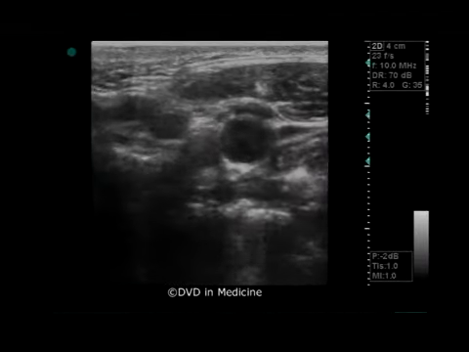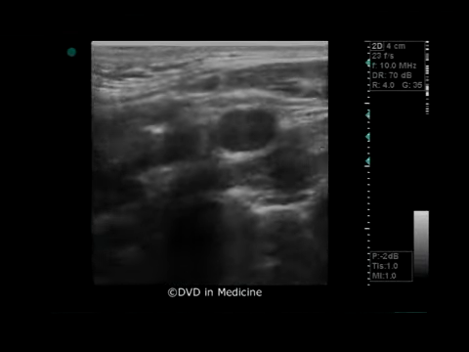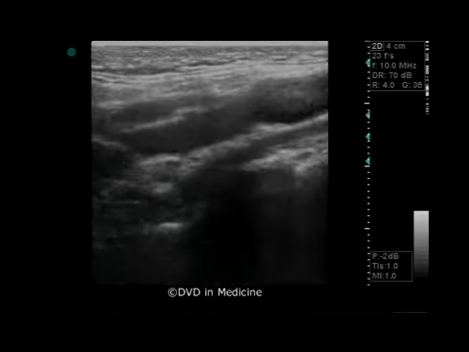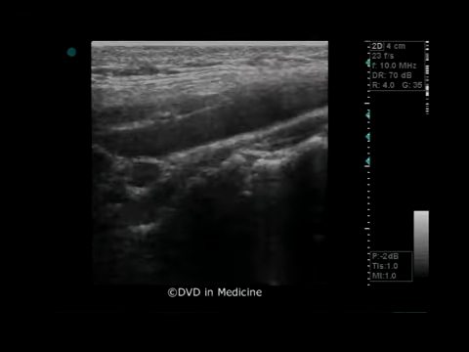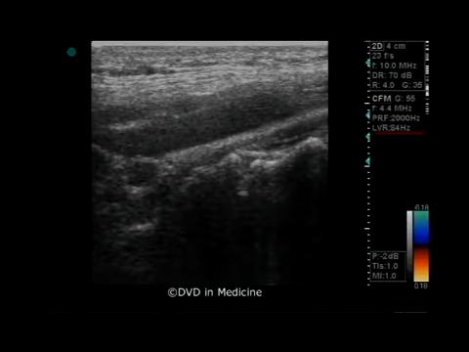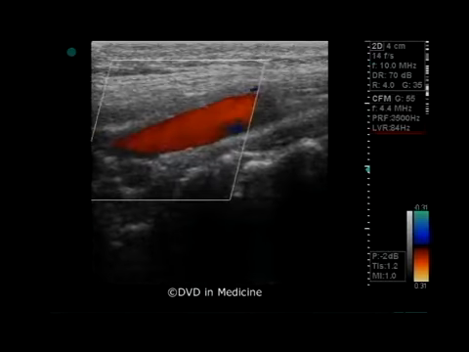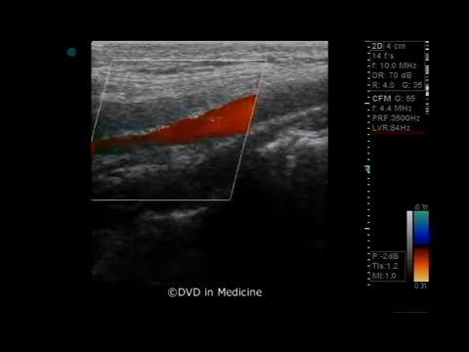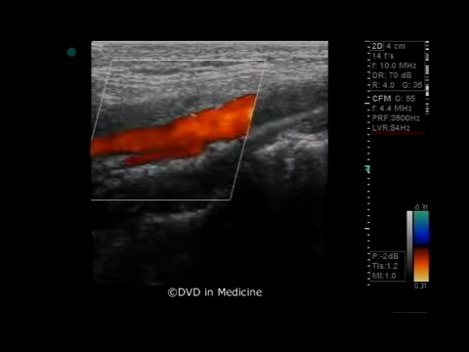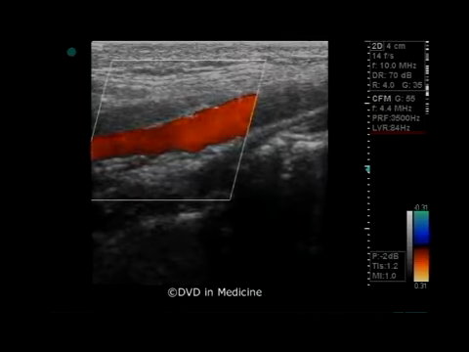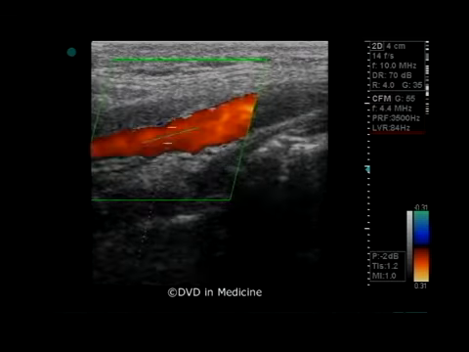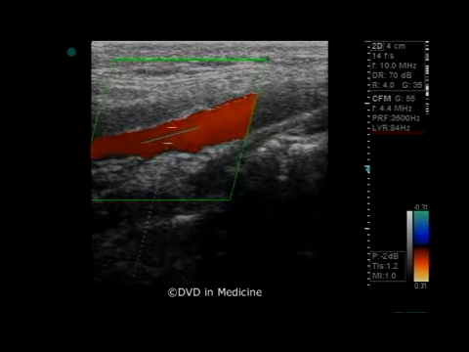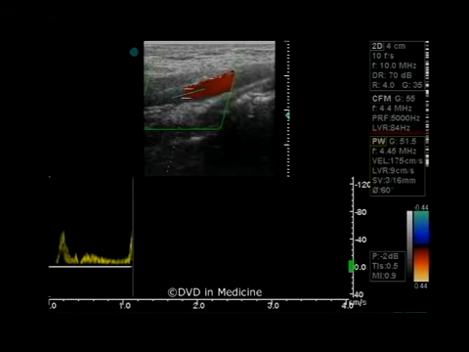Therefore, the external carotid artery has relatively less diastolic flow, which makes it appear more pulsatile on color Doppler and to have a characteristic waveform on spectral Doppler with relatively low diastolic flow.